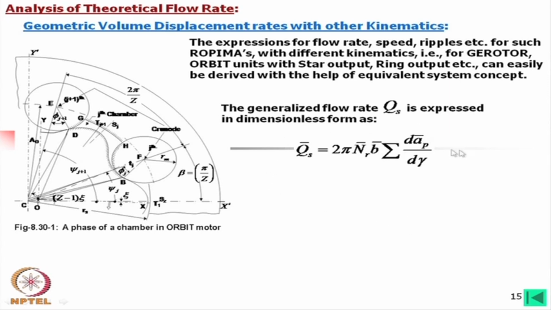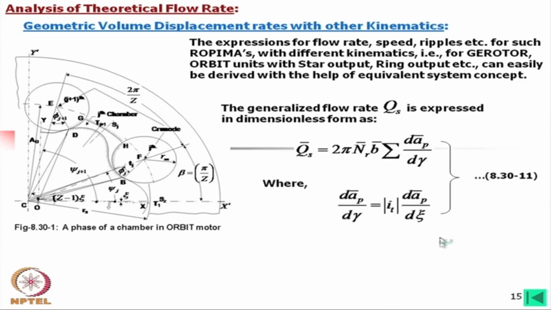If you add them, you will find out what the rotation is, and in case of the orbit motor, we will put eta, and this is the output rotation of the shaft. Now, this angle is nothing but the transmission ratio times this angle. This transmission ratio we have derived separately, which is not given here.